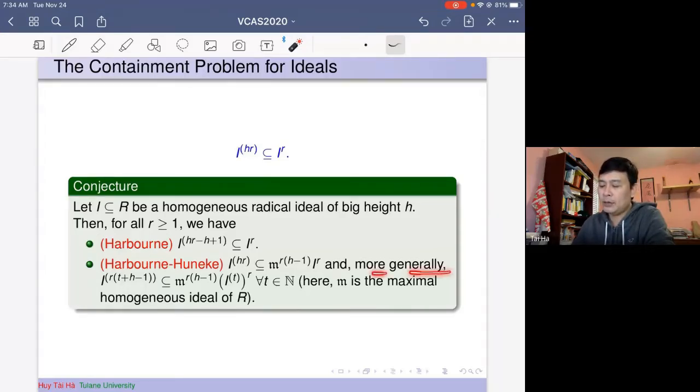One can also write more general containments of the same form, incorporating the symbolic powers of I also on the right-hand side. So the rt plus h minus 1 symbolic power of I is contained in, still getting the same power of M to the r times (h minus 1), the t-th symbolic power of I raised to the power r.